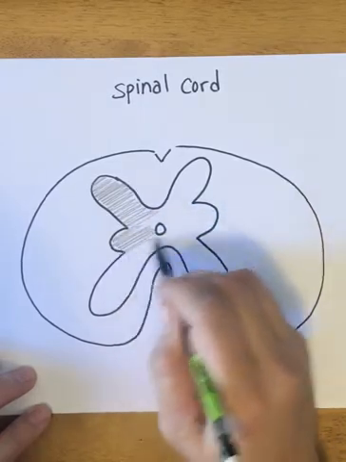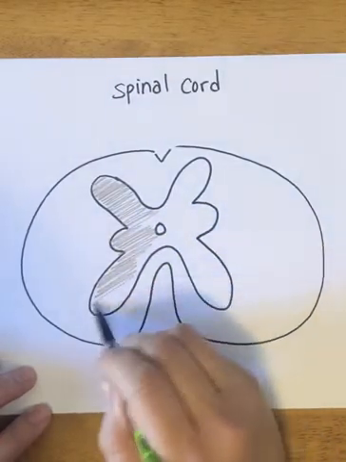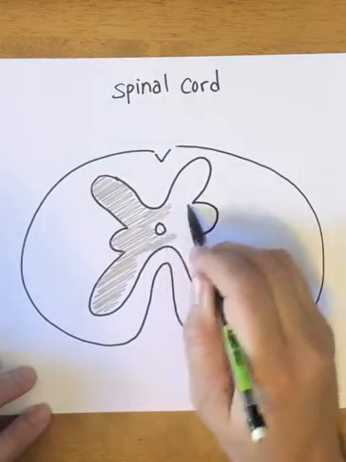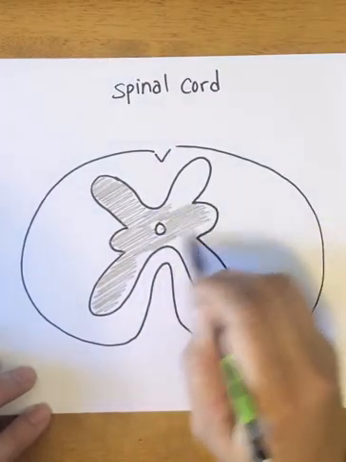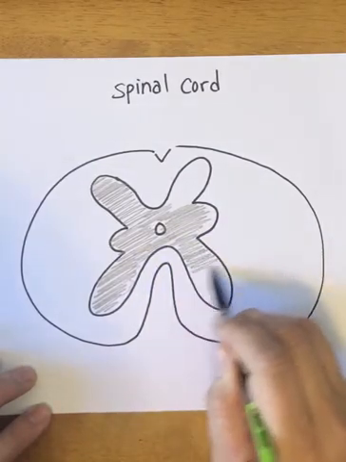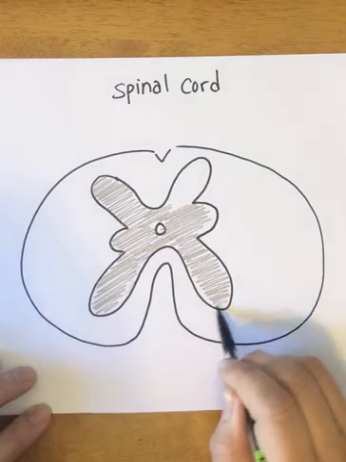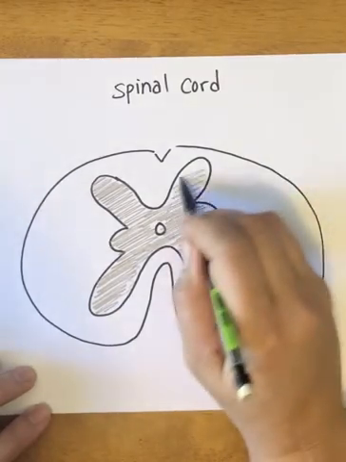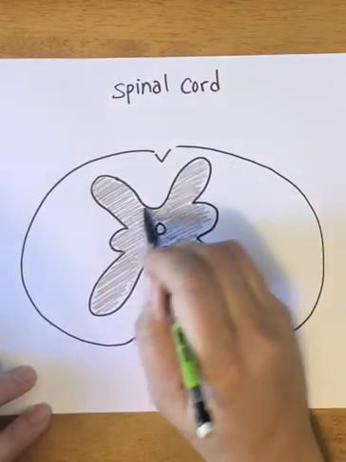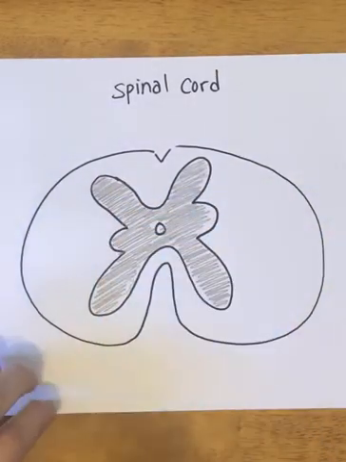All of this would represent your spinal cord's gray matter. This is where all the neurons' cell bodies are going to be found. Now we're going to go over the anatomy of the spinal cord, so you will use this picture again. But your gray matter is this center section.